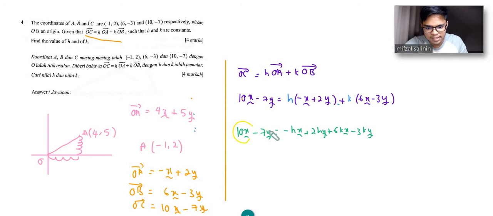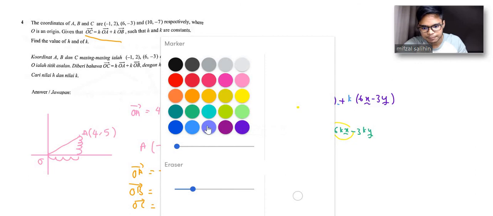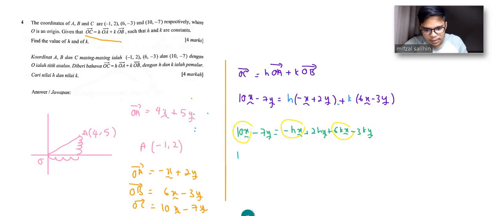This term has x, this term has x, and this term has x. So we get 10x equals negative hx plus 6kx. Since every one of these terms has the variable x, we can cancel x out. So here is our first equation.